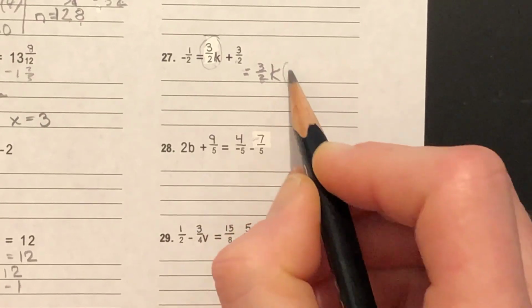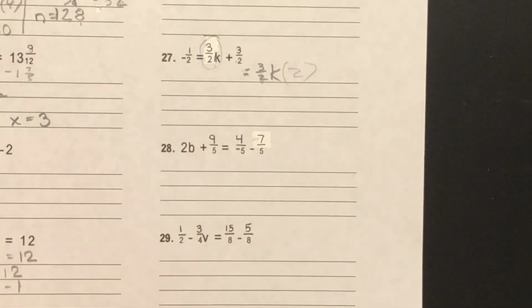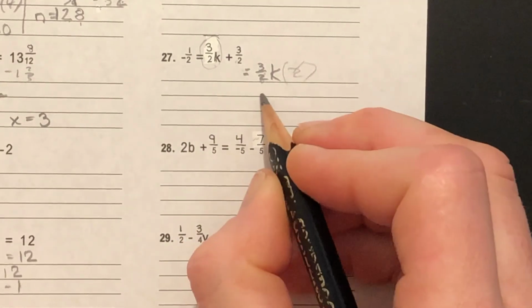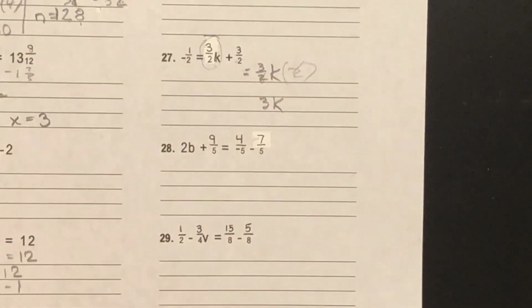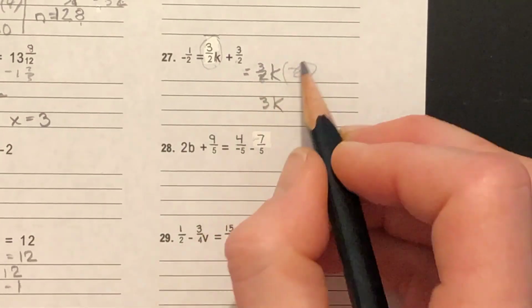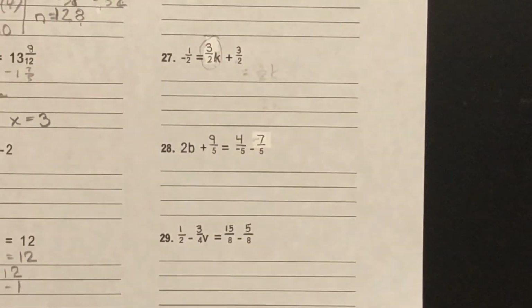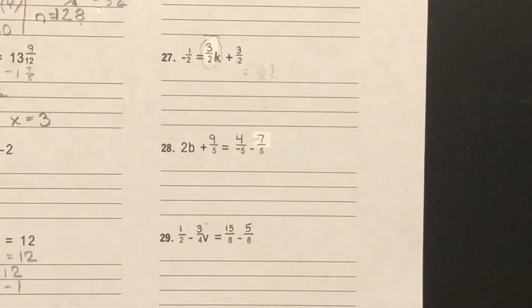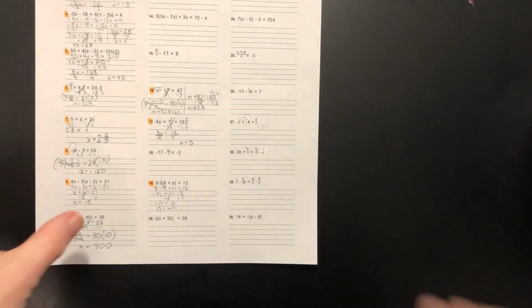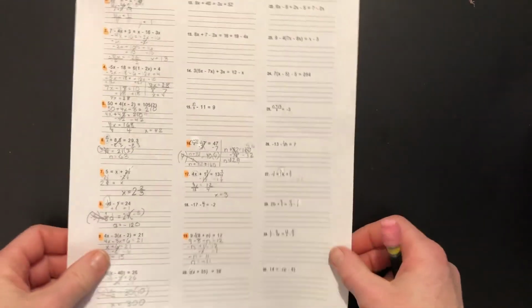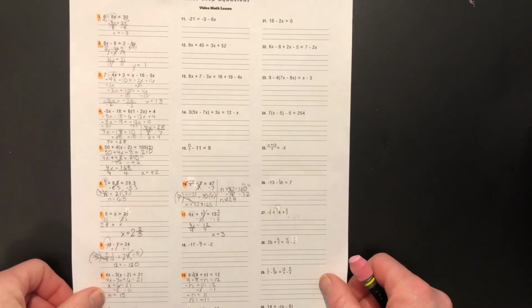So you'll multiply by 2. When you do that, you'll end up with 3k. 3 times k. Just keep that in mind. That's the only other thing I want to go over with you. Other than that, I think you got it. Yay! This looks so fun.